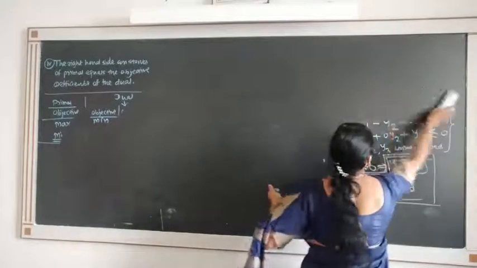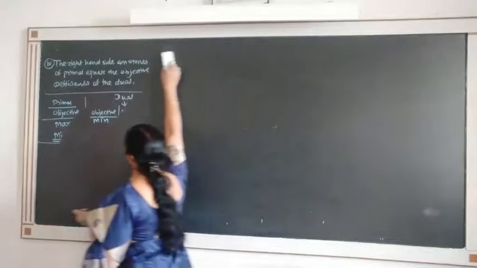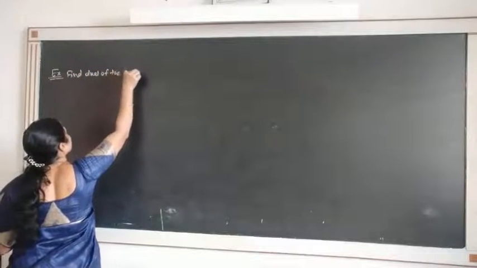See one more example where we consider an unrestricted variable to get the idea. So consider the example. Find the dual of the problem.